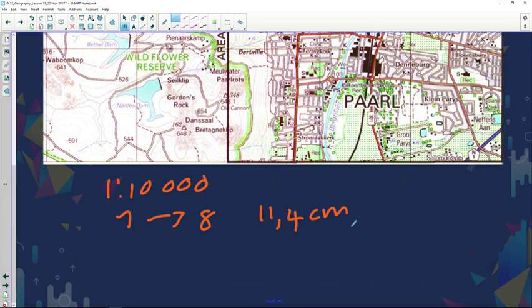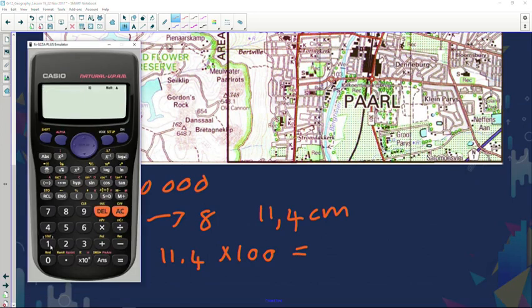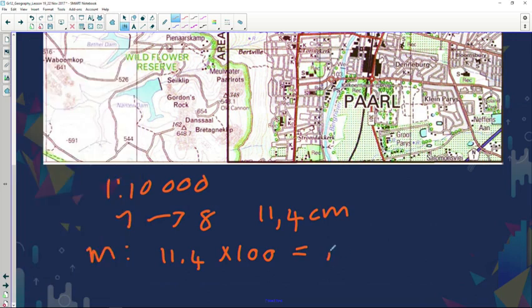So what do we do? If I want my answer in meters, I take the 11.4 and I times it with 100. Quickly looking at our calculator, 11.4 times 100, and the correct answer is 1,140 meters. If I want my answer in kilometers, keep in mind the scale is 1 to 10,000.